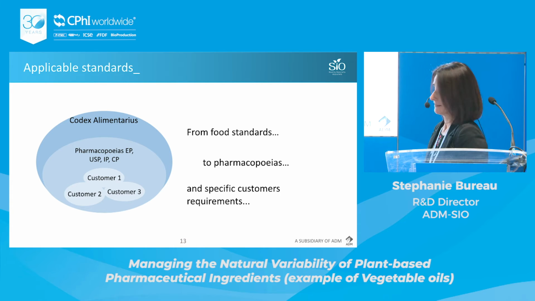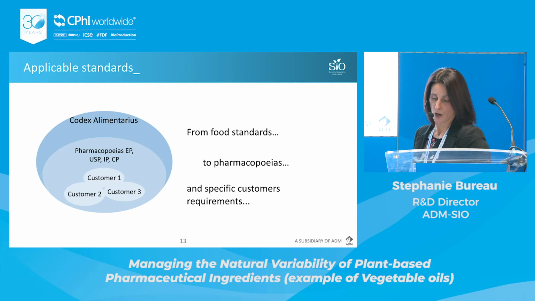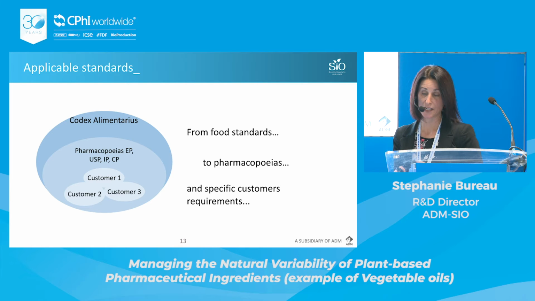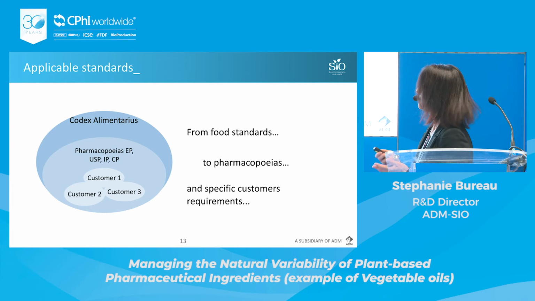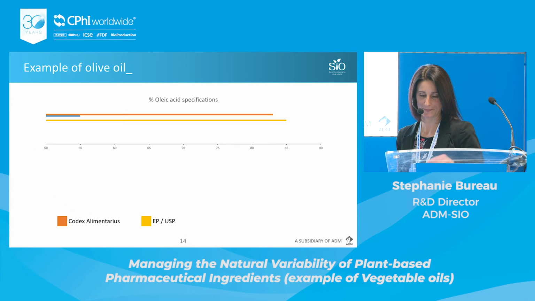And on the other hand, we have to comply with pharma regulatory standards, like the various national pharmacopoeias, often tighter than food standards. And finally, with even narrower and specific customer requirements that may have very particular needs, even on parameters that are not mentioned in the pharmacopoeia monographs.